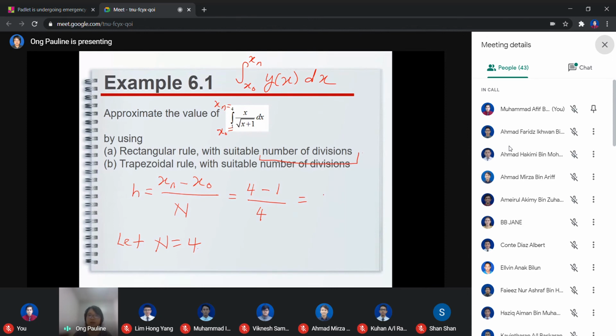In this case, n equals 4 is still a good choice because you get a finite number. Now let's say we let n be 5. So you have 4 minus 1 divided by 5, so you have 3 over 5.